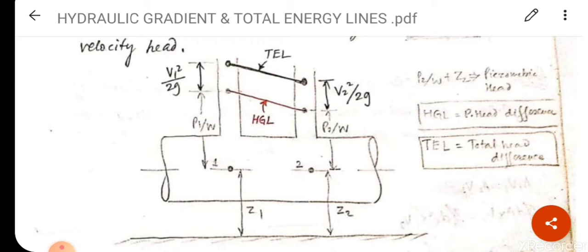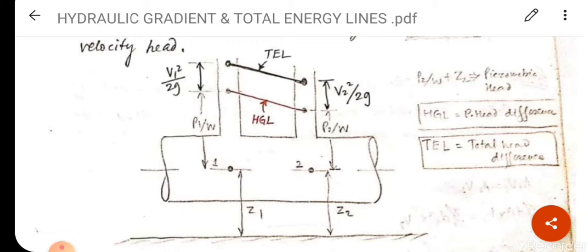For this case, Z1 is equal to Z2, so no need to explain, but I am showing here the method of finding out HGL and TEL. HGL is the piezometric head difference. So adding P1 by W plus Z1 will give you the piezometric head at point 1.